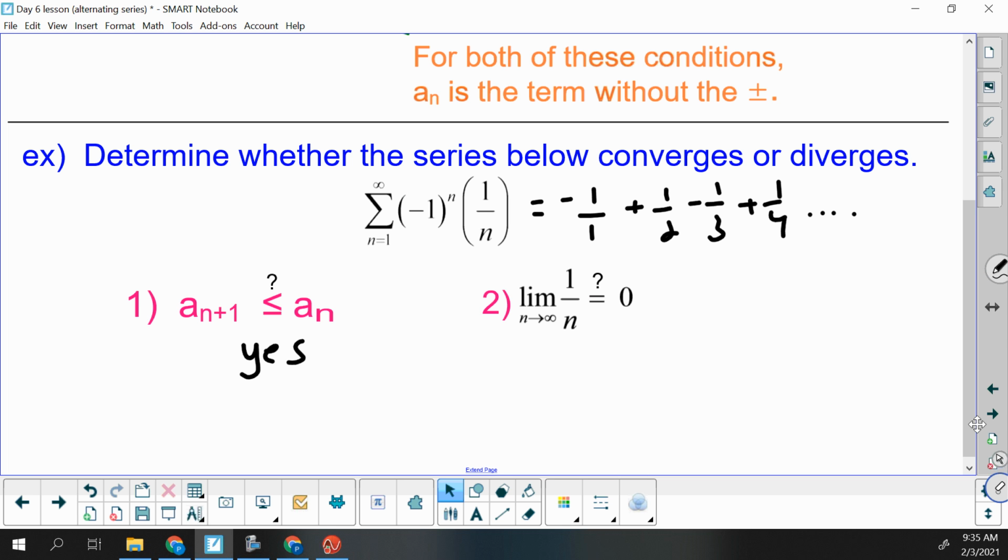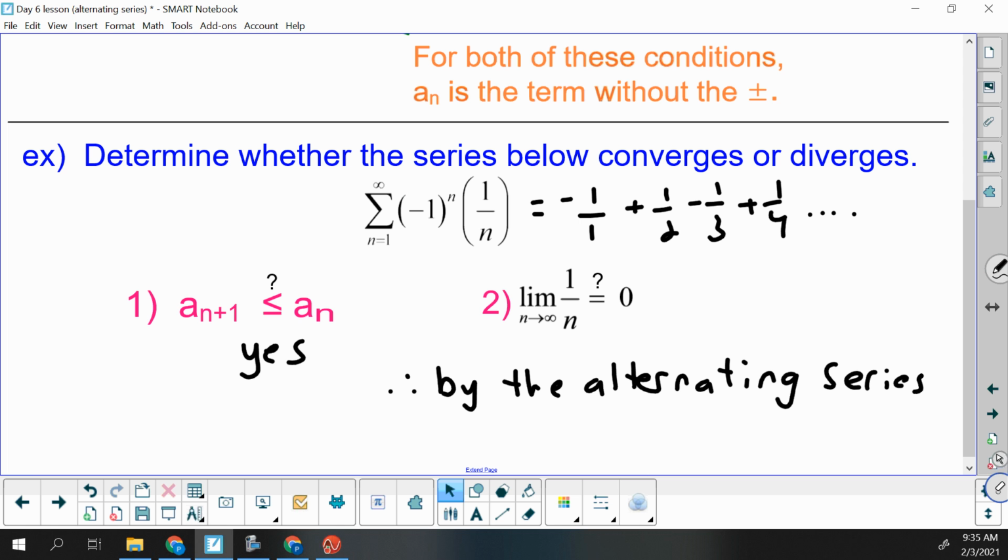And does our limit of 1 over n go to 0? Well, it does. So we would say, therefore, by the alternating series test, our original series, n equals 1 to infinity, of negative 1 to the n times 1 over n, converges.